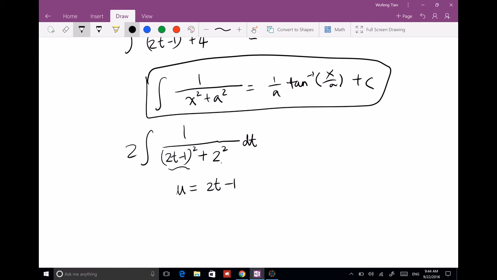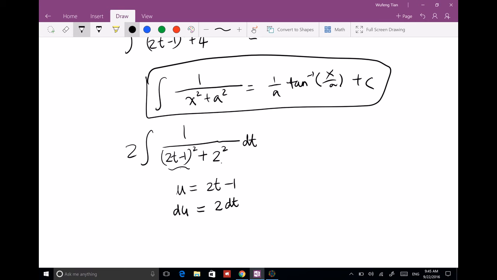There are two complicated things and I don't want to mess that up. So just substitute that whole thing by u, and it becomes u squared plus 2 squared. You might worry about du. That's not a big problem: the derivative of 2t is 2, the derivative of negative 1 is 0, so du is 2 dt.